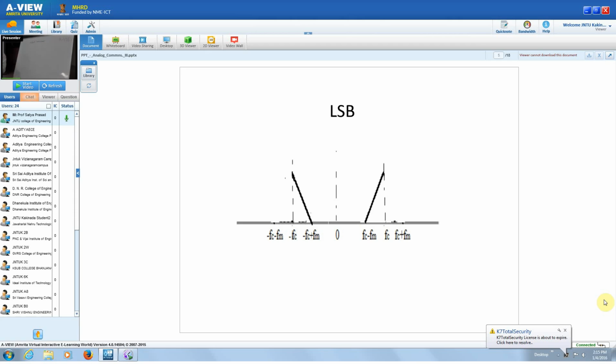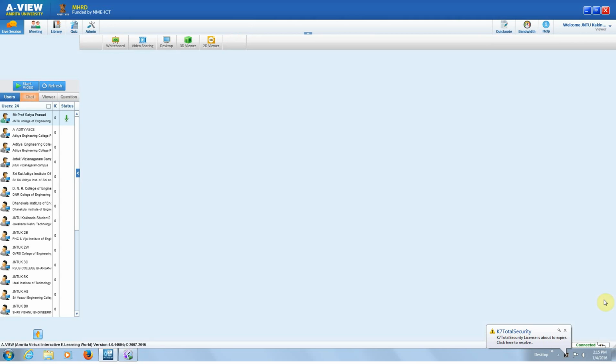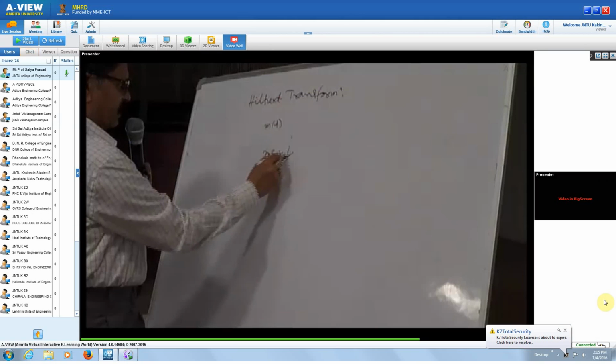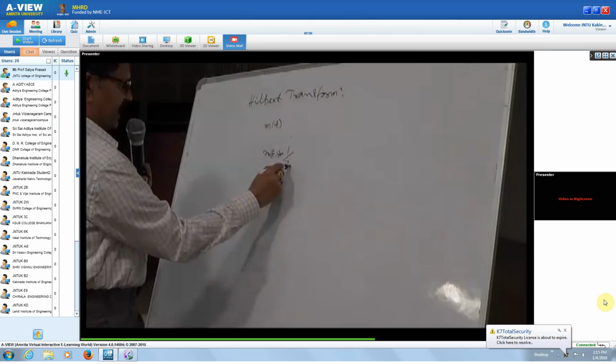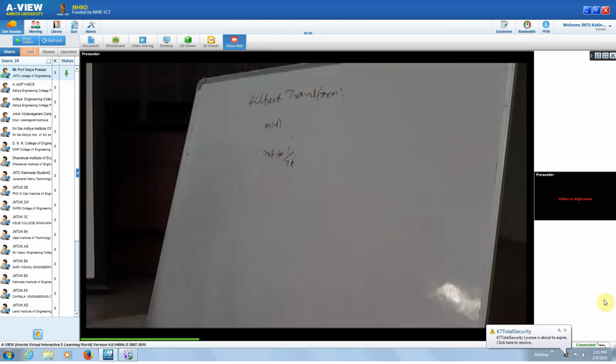What is the Hilbert transform? Given m of t, what is the Hilbert transform of this signal? It is the convolution of m of t with 1 by pi t. Any other way of saying what the Hilbert transform is?